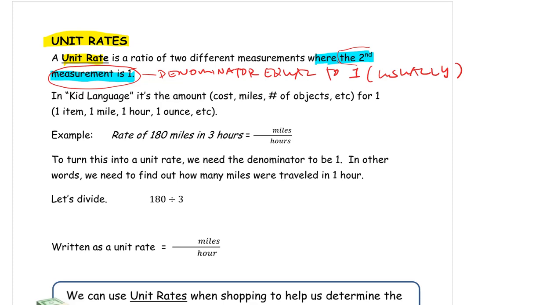Okay, so let's take an example here. The rate of 180 miles in 3 hours. So you have here 180 miles in 3 hours.